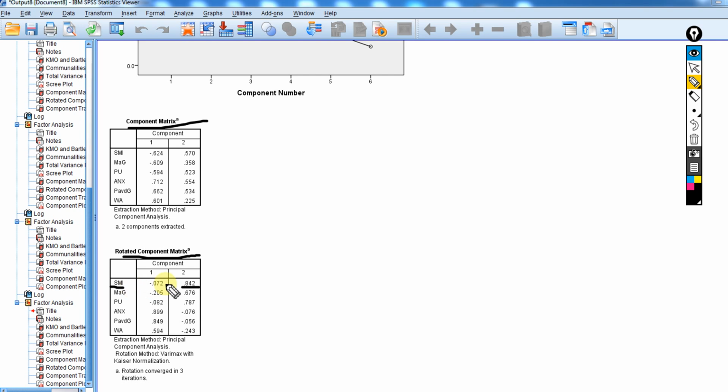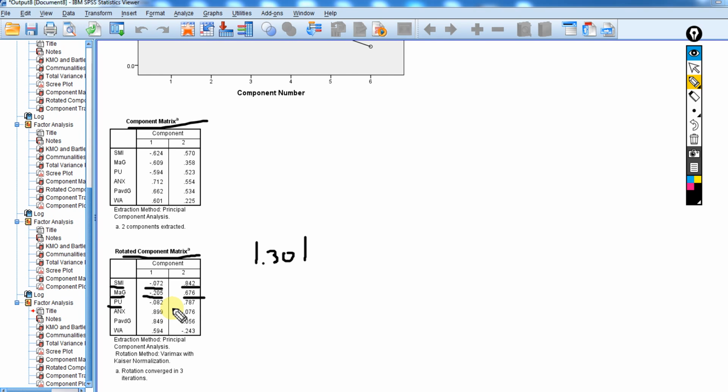Mastery approach goals correlates highly and positively with component 2 and has a pretty small correlation with component 1, certainly not meeting the inclusion criterion of 0.30 in absolute value. Perceived utility correlates highly with component 2 and negligibly with component 1.